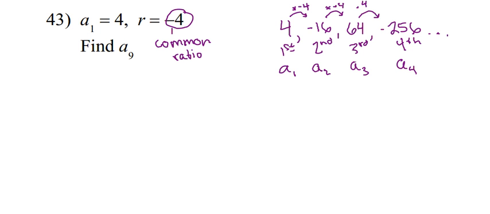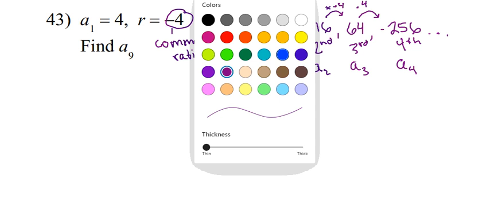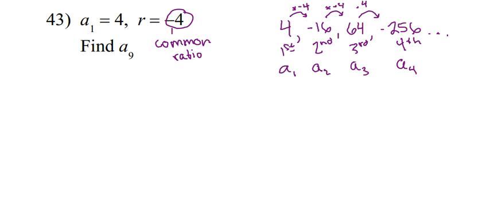When we wrote our explicit formula, we would look for the term that came before the 4, which we called the 0th term, if it existed. To do that, we do the opposite of multiplying by -4, which is to divide by -4. And 4 divided by -4 is -1.